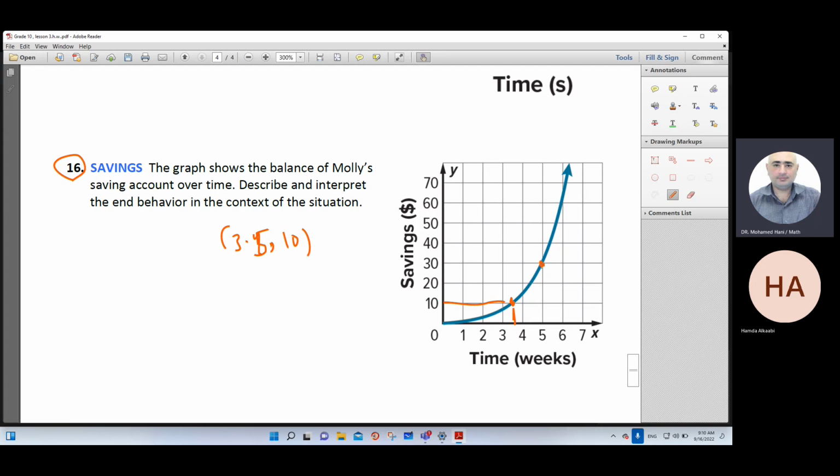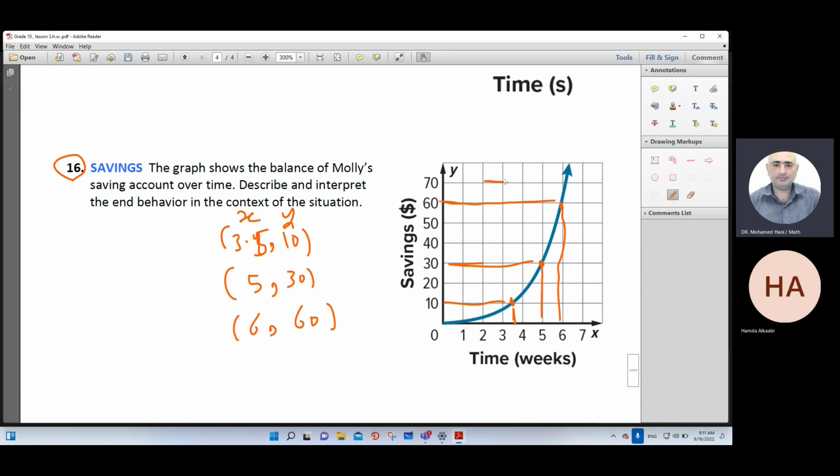If you take this point in the X 5 and in the Y 30. Take next point. If you take this point in the X 6 and in the Y 60. So this is X and this is Y.